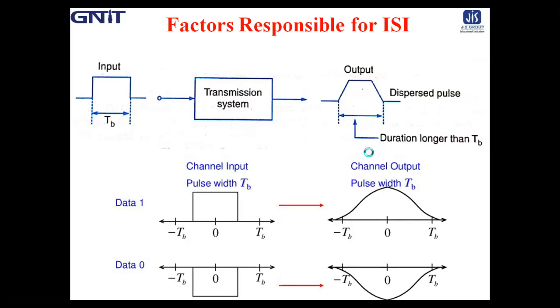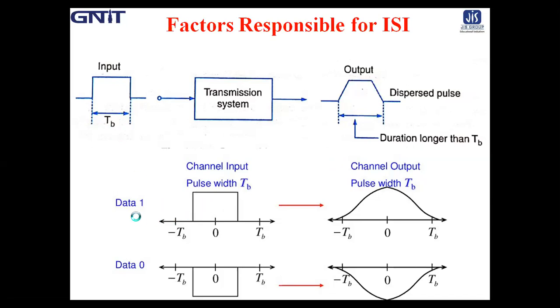That means its time period is longer than T_b. Now, due to this dispersion, the symbols each of duration T_b will interfere with each other when transmitted over the communication channel. This will result in inter-symbol interference.